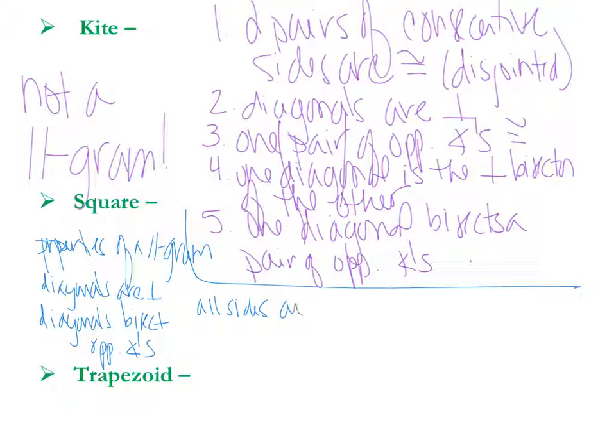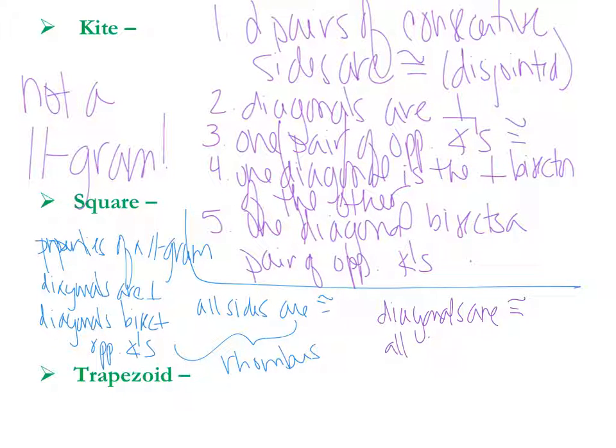This comes from the rhombus. So a square is a rhombus. But there are properties of a rectangle that are also a square. So from the rectangle, the diagonals are congruent, and all angles equal 90 degrees.